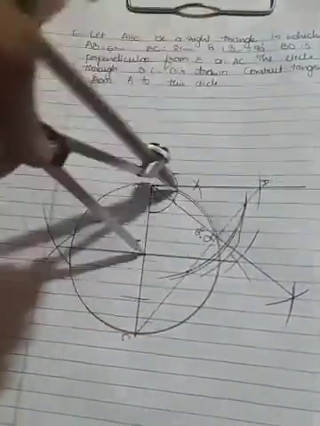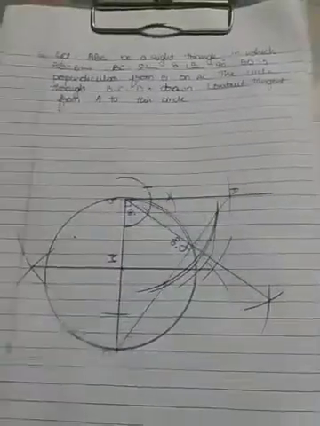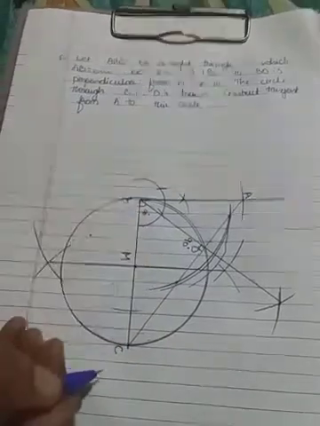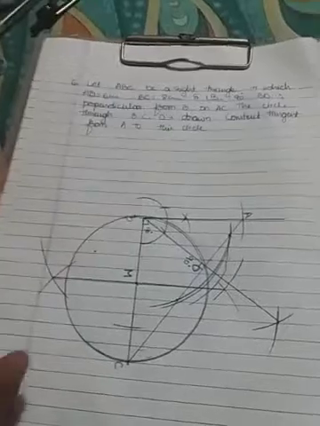Hope you will understand this. So this is the method. This is the circle which is passing through B, C, and also through D.